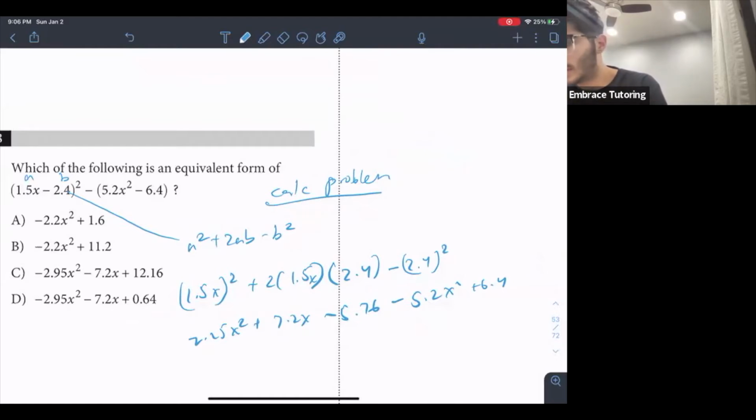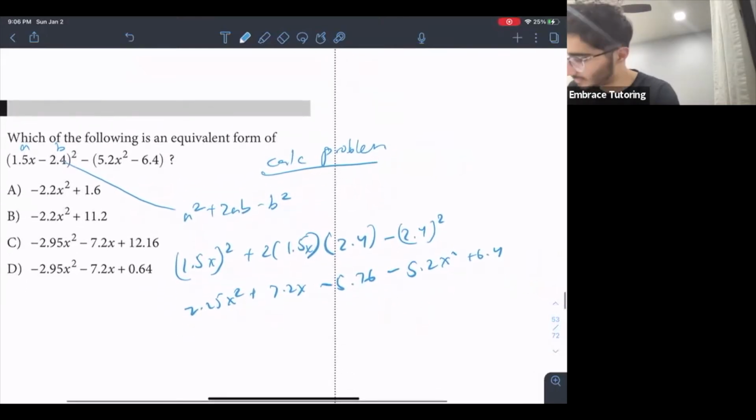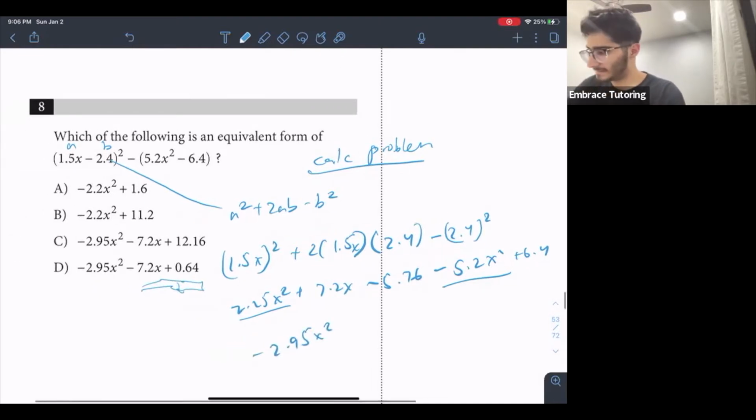So this one would be, if you combine the like terms, you combine these two, you get 2.25 minus 5.2, you get negative 2.95x squared.